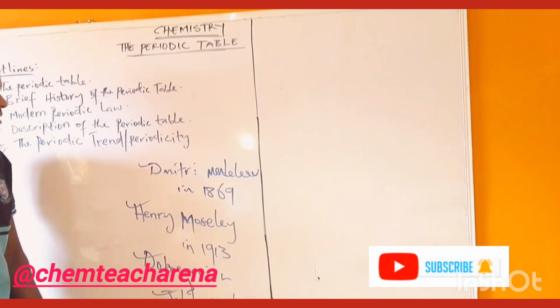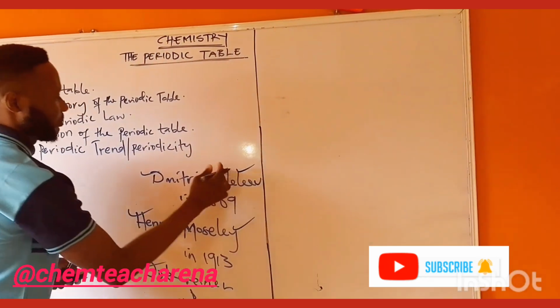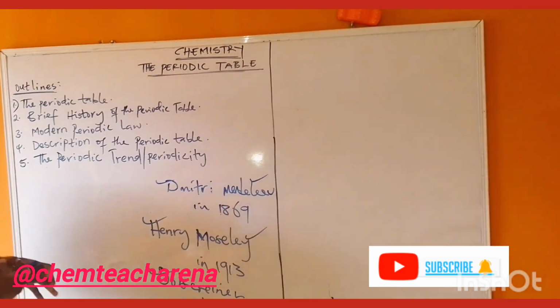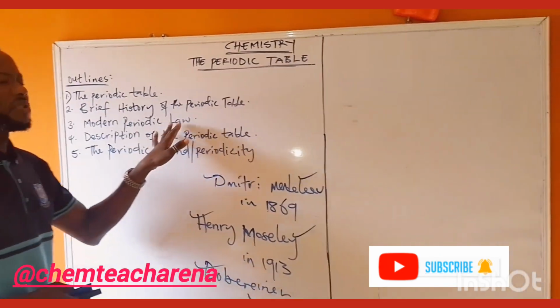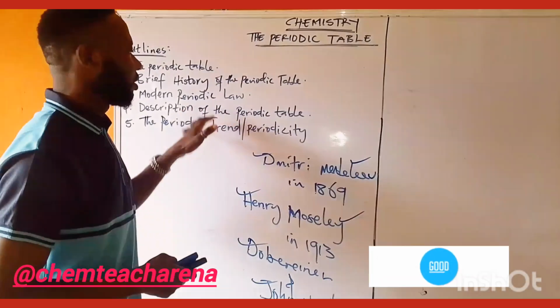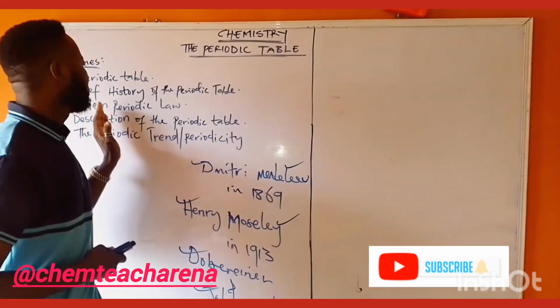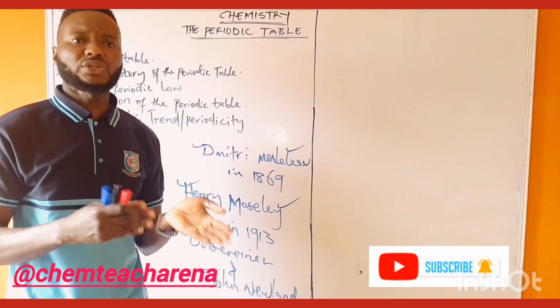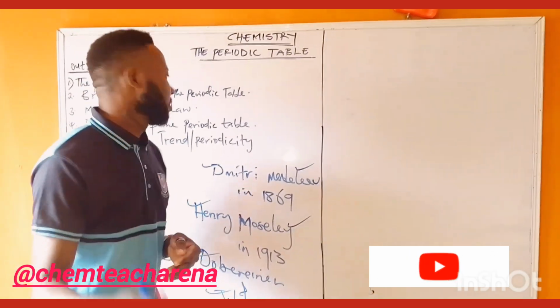There are other scientists, but I focus mainly on these two. Having said that, now we quickly look at the modern periodic law. What does this law state? The modern periodic law states that the properties of an element are a periodic function of the atomic numbers.